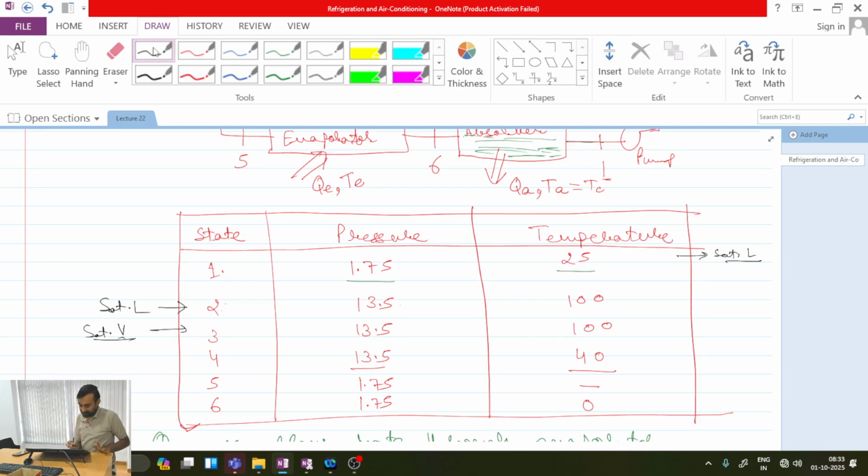So from my fundamental understanding for an ideal cycle, state point 4 should be a saturated liquid state. Is this one clear? And moreover, I can also calculate this. So what is pressure? 13.5 bar and temperature is 40 degrees Celsius.